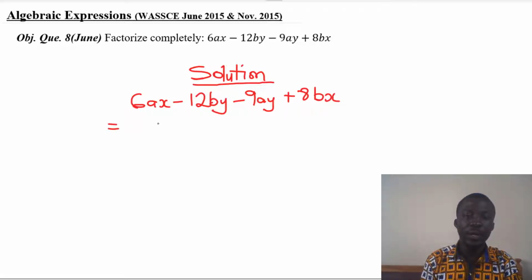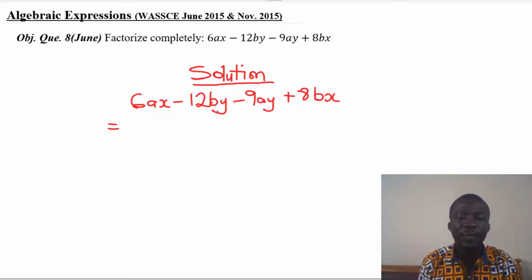When we consider the first two, 6ax and 12by, we can factor out from the numbers, that is 6 and 12, where we can get a common factor. But when it comes to the variables, we have a and x here, and at the second term we have b and y. We can't factorize variables at this place, so it is not advisable to use these two terms.